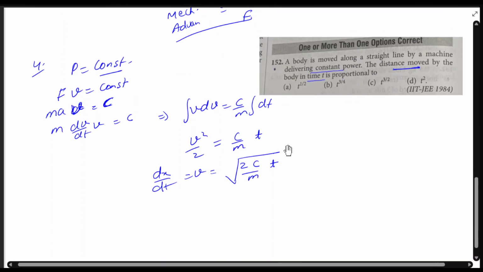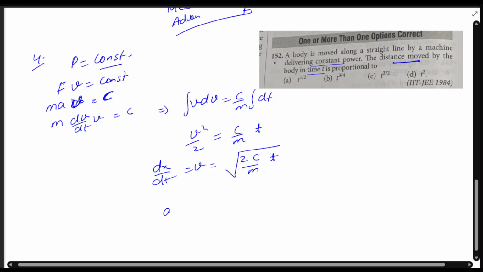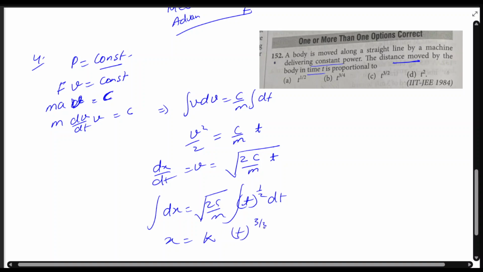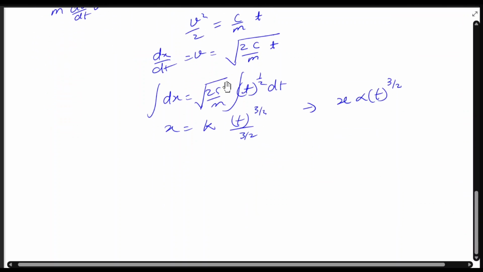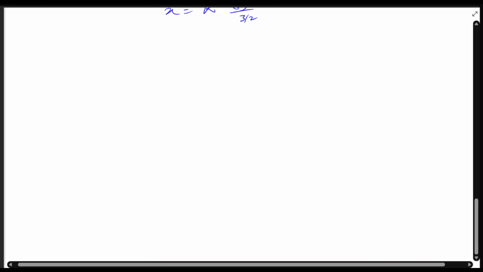So again we have to do integration. So dx will be root 2C by m, t to the power 1 by 2 dt. Let's integrate. So we will have x, with some constant k, and this will be t to the power 3 by 2 divided by 3 by 2. So simply we'll get x proportional to t to the power 3 by 2. That's very easy. Let's move on to our last question and we'll finish this video very fast.